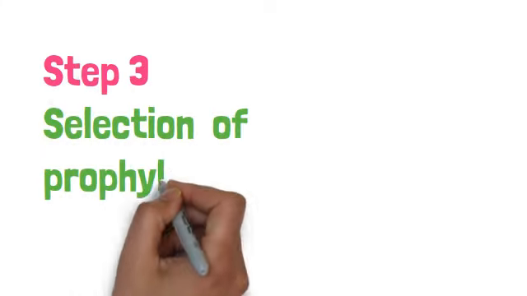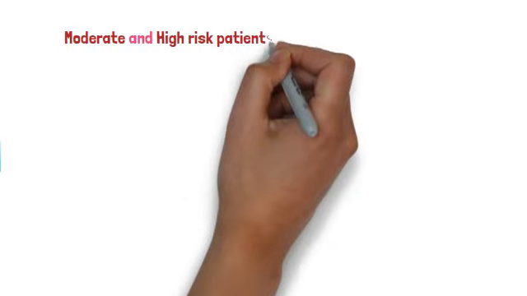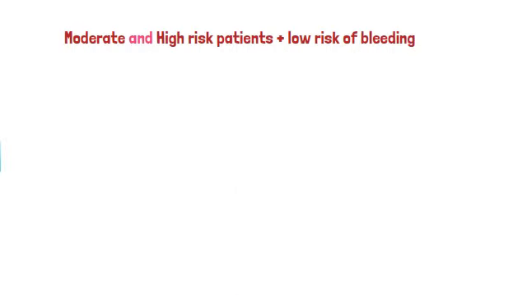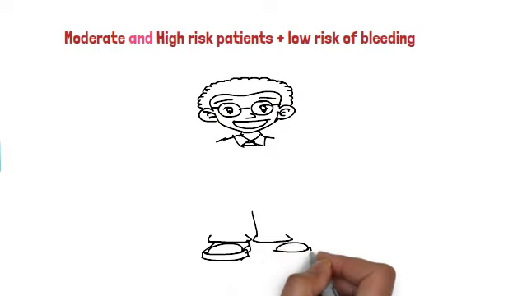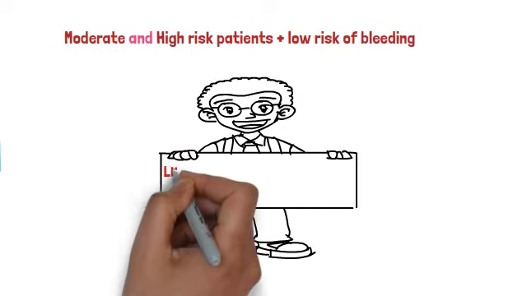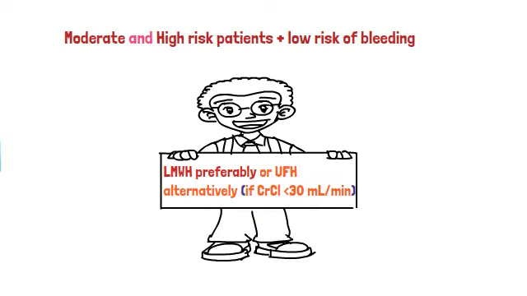Step 3, selection of prophylaxis method. For patients who have moderate and high risk plus low risk for bleeding, we use low molecular weight heparin, or unfractionated heparin if creatinine clearance is less than 30.